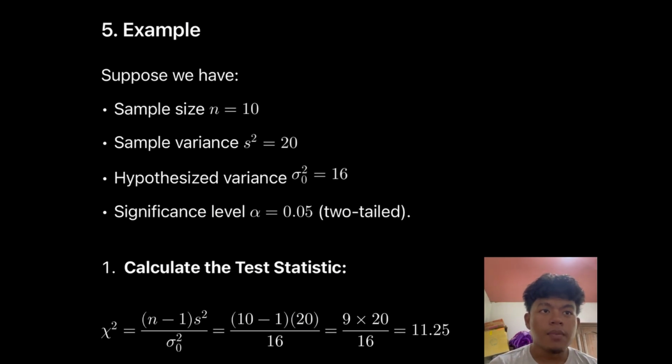Suppose we have a sample size equal to 10, a sample variance equal to 20, and a hypothesized variance of 16. The significance level is 0.05, two-tailed. Number 1, we calculate the test statistic.